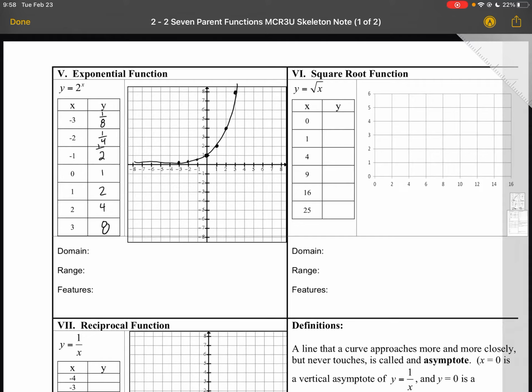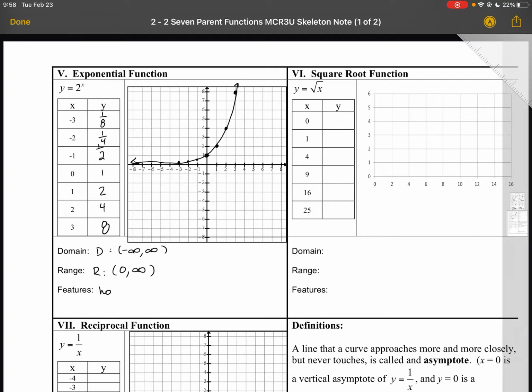Okay, and connecting those dots, now we can see that our domain, just like the other ones, is minus infinity to positive infinity. Our range is going to be 0, not inclusive, all the way to infinity.